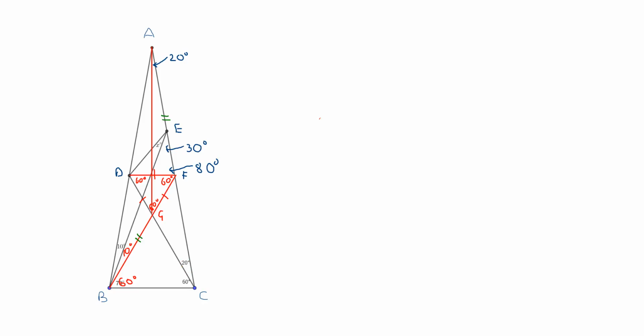And for a similar reason, we also know that this angle in here, ADF, is also 80 degrees. So now we can see triangle ADF is an isosceles triangle. So since we know it's an isosceles triangle, we can label AD is the same. We can see that AD is the same as AE, which is also the same as BF.